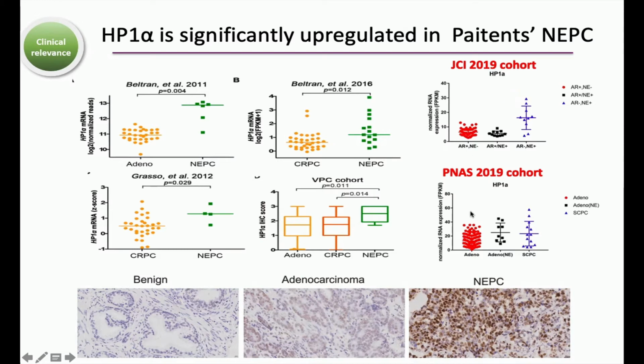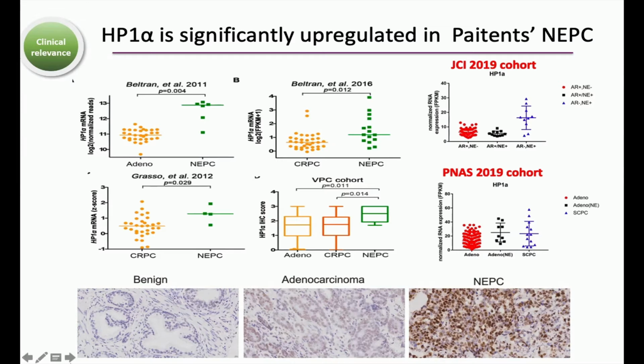And recently, Dong used the other latest two bigger clinical cohorts, which also proved this is still the case. So all the available cohorts suggest HP1 alpha is relevant to patient NEPC.